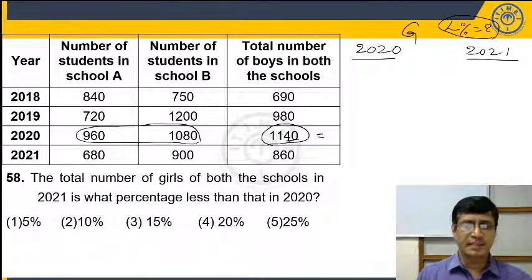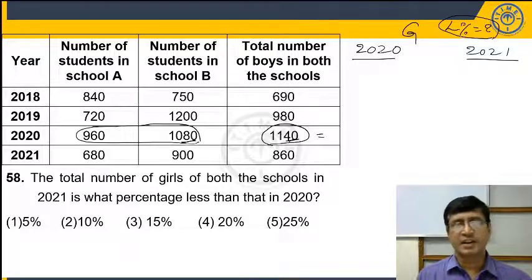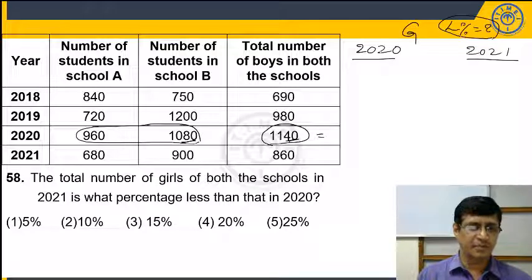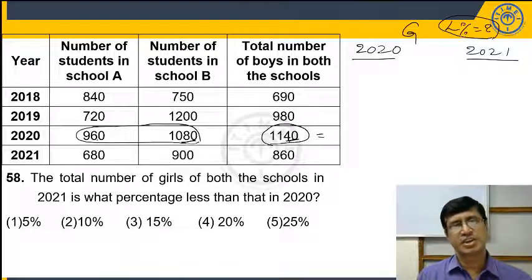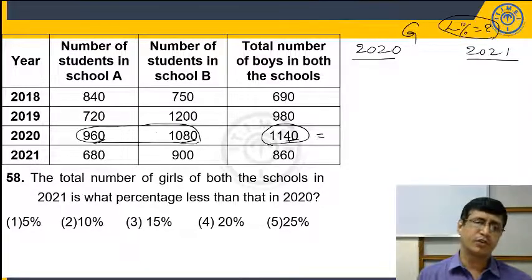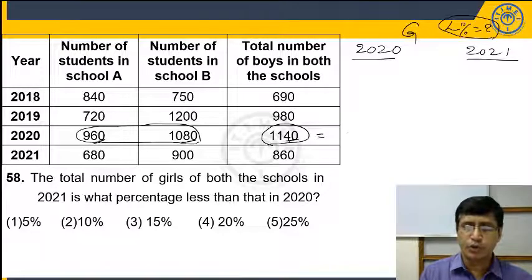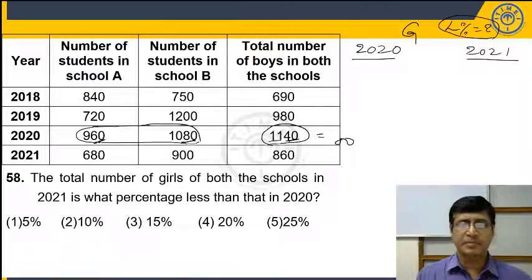So 40 subtract from 80. How much is it? 20. Sorry. 40 minus, subtract 40 from 80, it is just, how much here? 40. 40 plus 60, 100. Am I right? Or you can subtract 40 from 60, results 20. 20 plus 80, 100. Okay. So, 2 zeros. 11 subtract from 10, it will give how much?